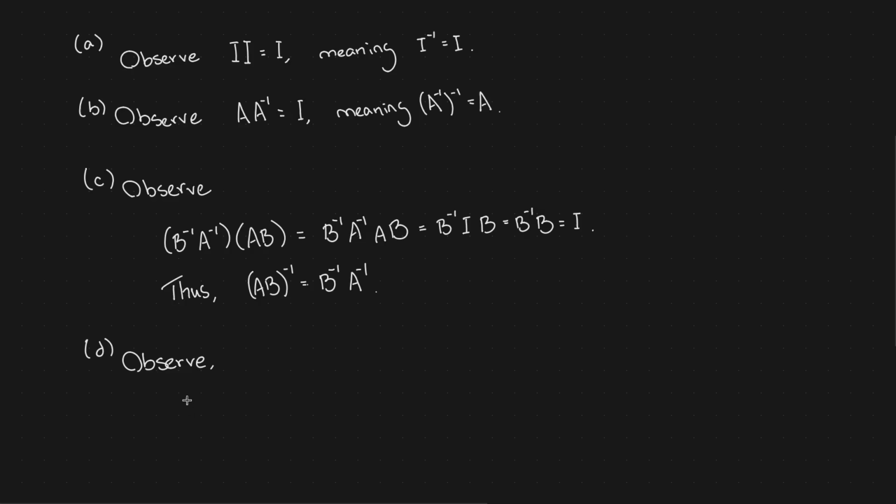So I'm going to take K times matrix A, and multiply it by 1 over K times A inverse.